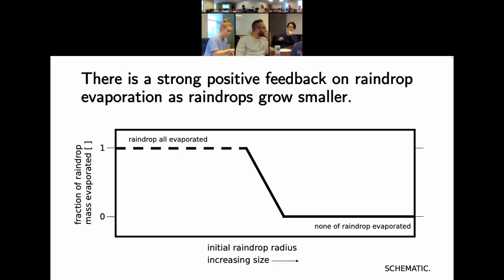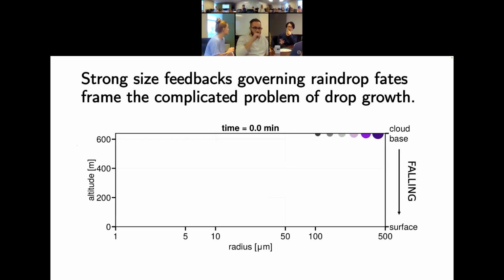Sorry, how did you compute that figure? Like using a model? Yeah, so basically we calculate droplet size as a function of time, and we also track droplet vertical position as a function of time. And we also track droplet temperature as a function of time.